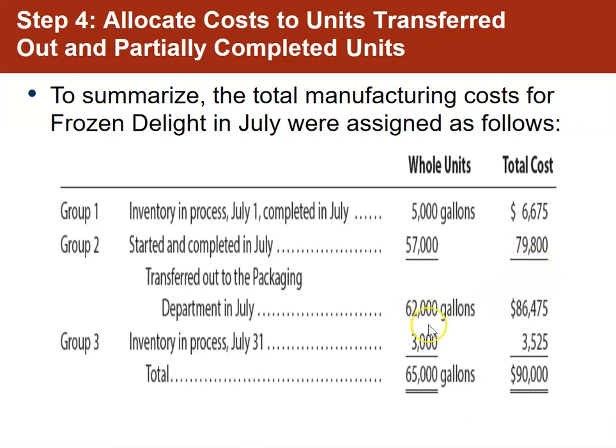So our 62,000 gallons cost us a total of 86,475. And finally, our Group 3 inventory in process as of July 31st, 3,000 units that are 100% complete as to materials, but only 25% complete as to conversion costs, total 35.25.